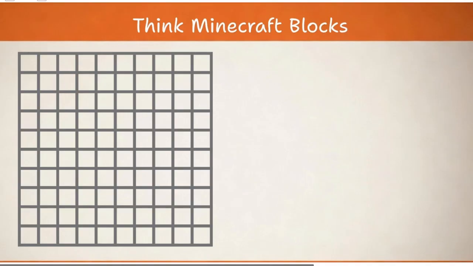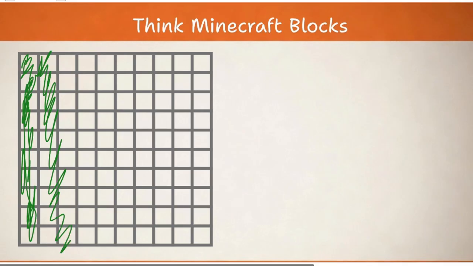If I shade 30 blocks, this is 1, 2, 3, 4, up to this place. This is 10. So let's shade another 10. This is another 10, and this is 30.